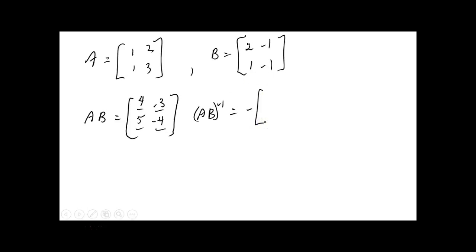And then, what do we do next? Okay, now you switch those. Yeah, you do the -4 here and the 4 down there, and then that would be a -5 down here and a 3 here, right?